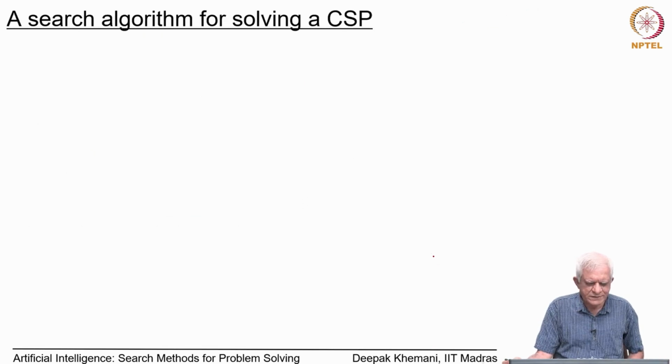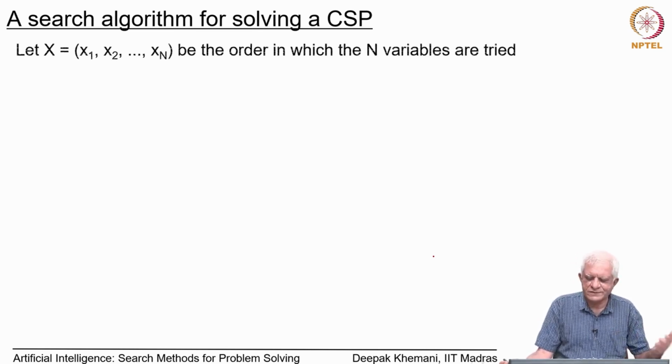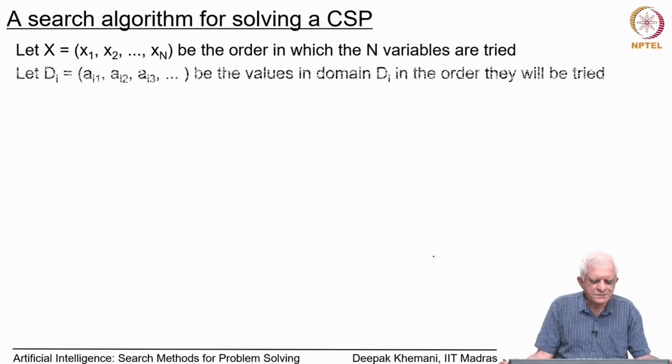So, let us look at this process. As we have been saying, our focus in this course has been on search methods, and we are trying to see that search methods are applicable inside constraints also, and constraints in fact kind of combine search and reasoning.